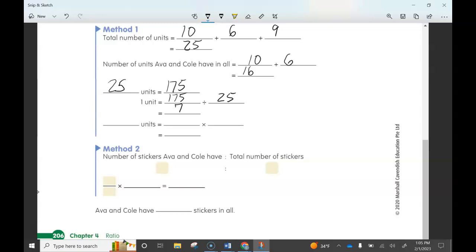Okay, so taking a look at the 16 units, that is going to equal 7 times 16, and that'll give us 112 total there. And where am I getting my 16 from? We can see that's how many units is represented from Ava and also Cole combined.